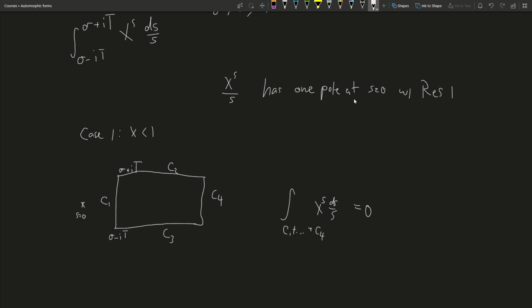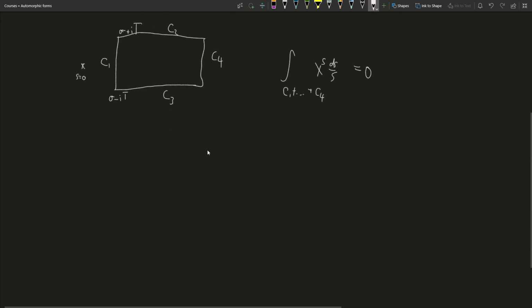So how do we bound the integral along C2, C3, and C4? Let me give coordinates to this point. Let's say this is m minus it, and this is m plus it.